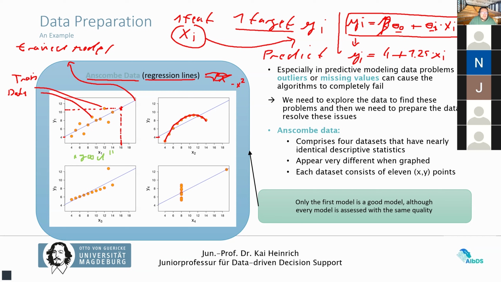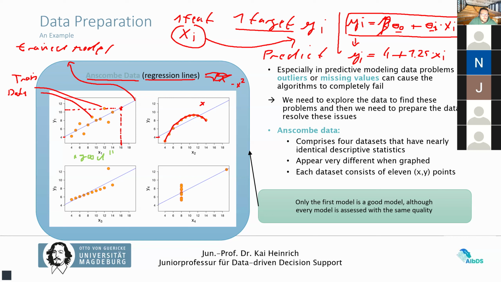Now, the true process is given by the orange bubbles. And as Tristan said, this looks more like data from a quadratic function. So let's say we have a new data point. It would not be here, obviously, because it doesn't fit the data generating process.